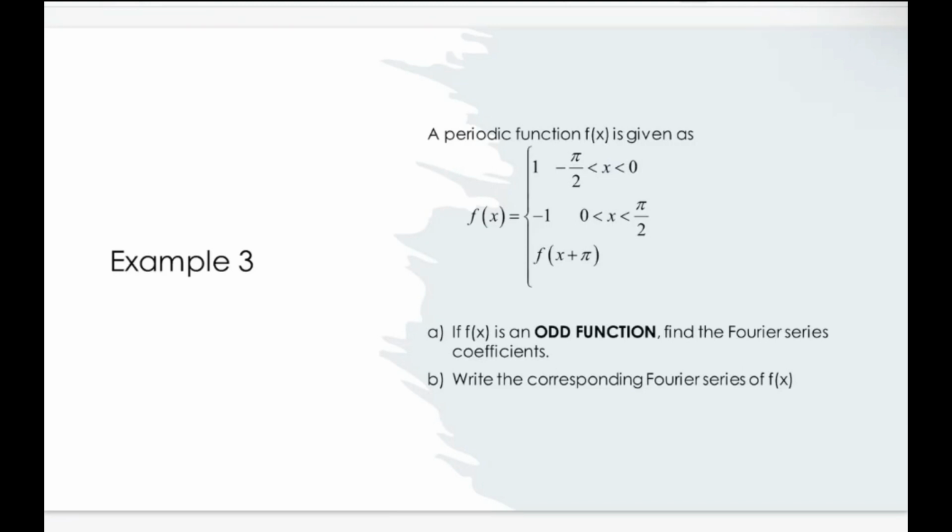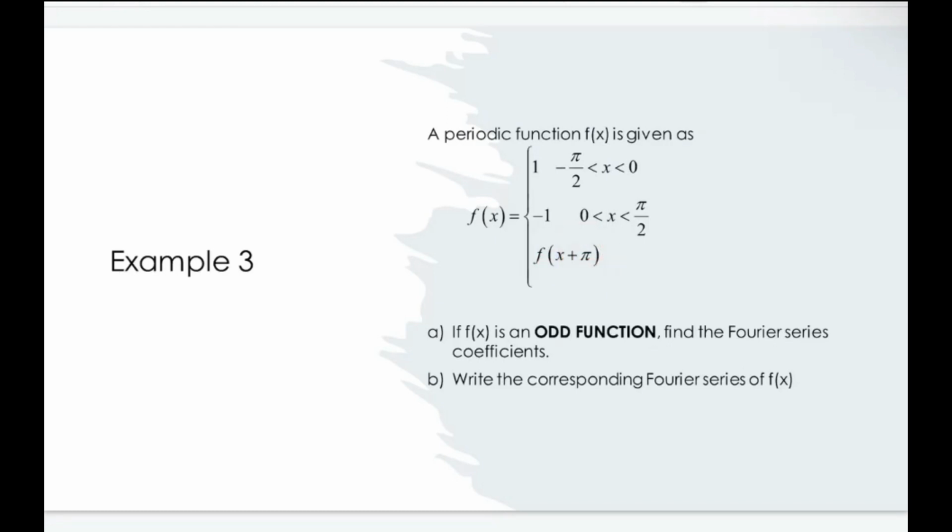A periodic function f(x) is given as f(x) equals 1 in the range of negative pi over 2 to 0, and it is equal to negative 1 in the range of 0 to pi over 2. And this is a periodic function given that the period is pi.